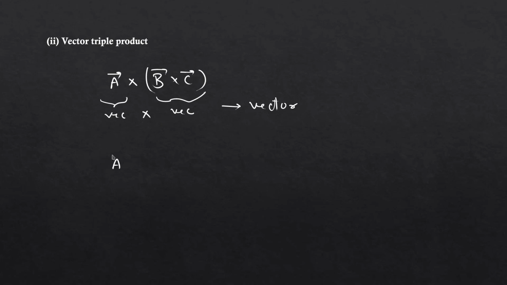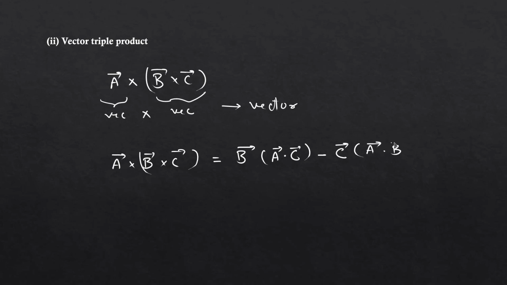To calculate A cross B cross C, you can write it as: you just take B first, you write down B, and then the dot product of A with C, minus you take C and the dot product of the other two, A dot B. So yeah, this is the formula for the vector triple product.